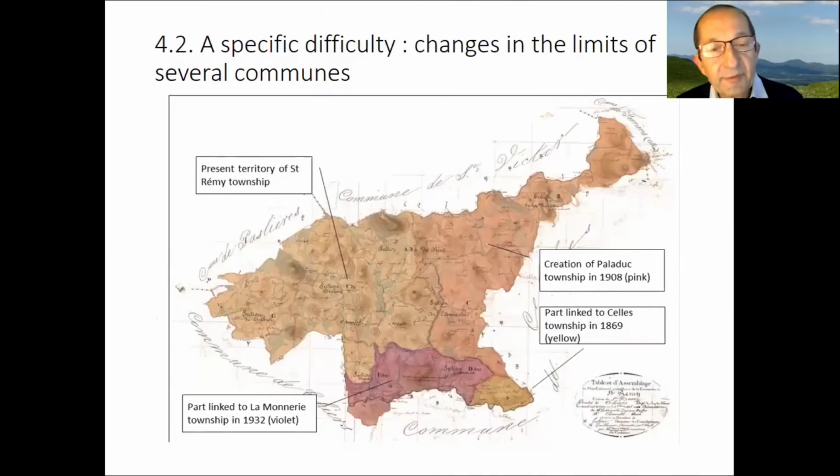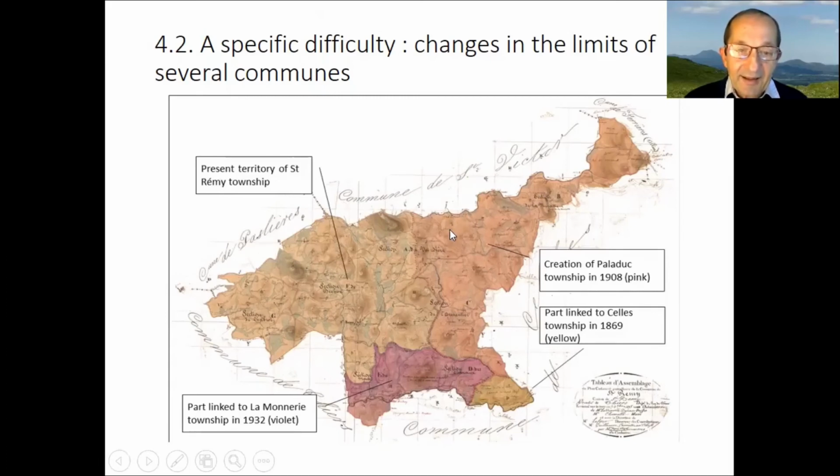And another difficulty, fortunately not very usual, is that some municipalities have changed over time. And the case of Saint-Rémy is very interesting because I think it's the worst one. A part of it, in 1869, this forest was given to the neighboring township, Celles-sur-Durolle. Then in 1908, this village, Paladuc, decided to be erected as a municipality.